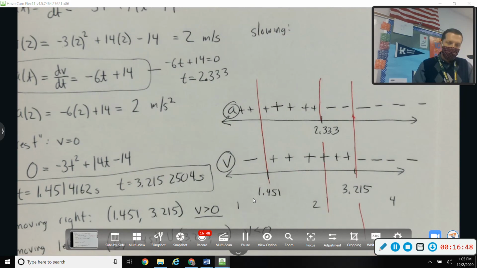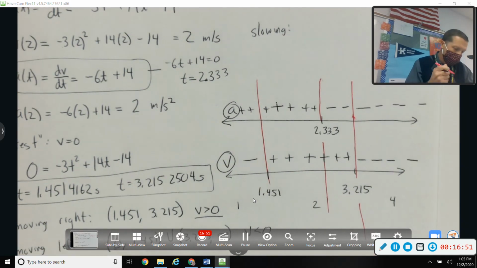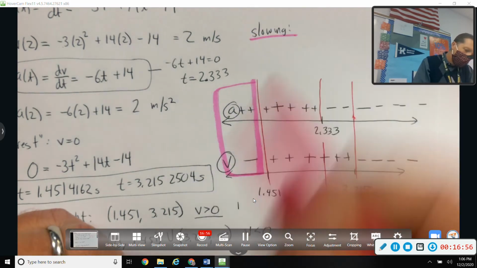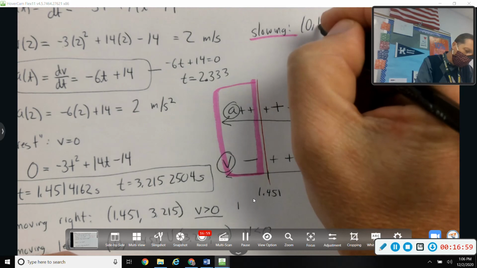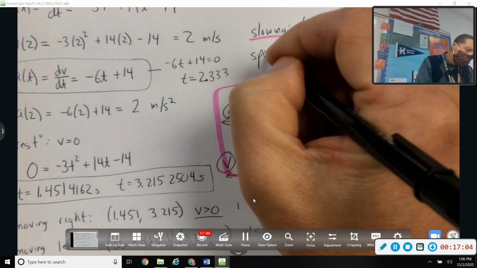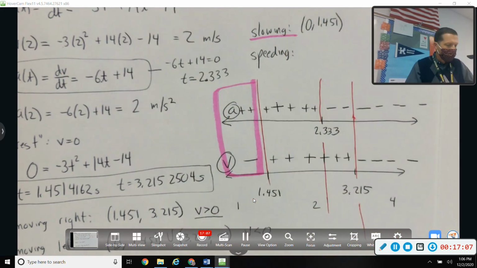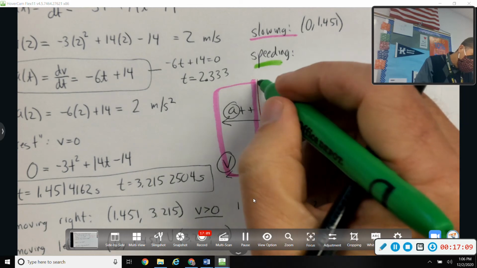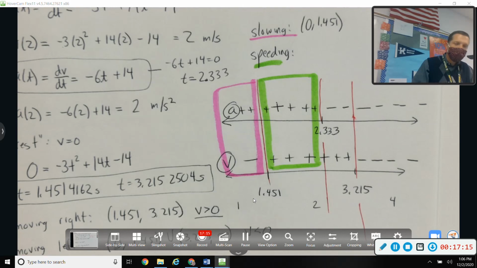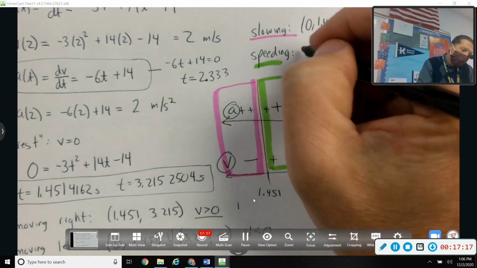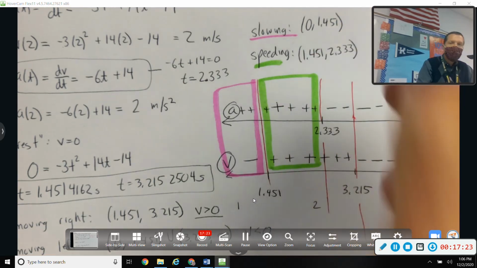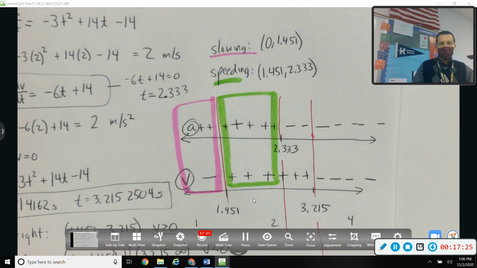So we're slowing down when they don't match, so from 0 to 1.451. We're speeding up where they do match, where they have the same sign. So that would be 1.451 to 2.333. Again annoying with the decimals on this one.